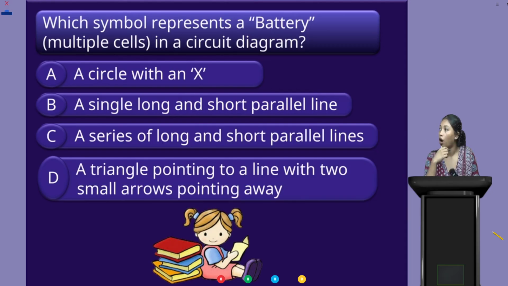Option A, a circle with an X. Option B, a single long and short parallel line. Option C, a series of long and short parallel lines. Option D, a triangle pointing to a line with two small arrows pointing away. For answering this question I'll give you 30 seconds. Within that time you have to answer this question.